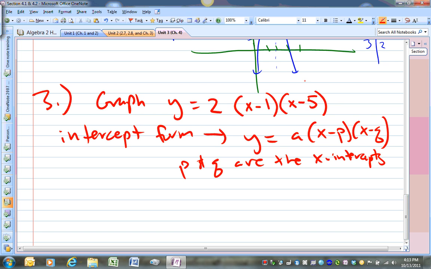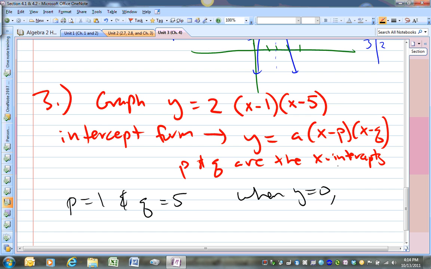Plus, it's already factored. So we know that the x-intercepts for this particular function will be 1 and 5. Because remember, when y equals 0, the graph crosses the x-axis.